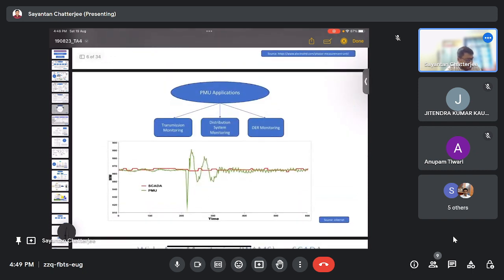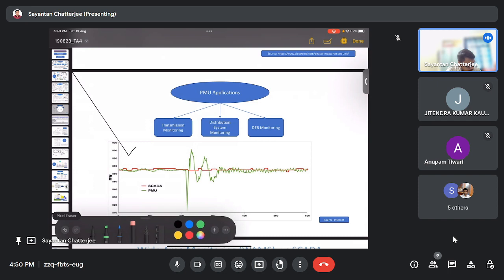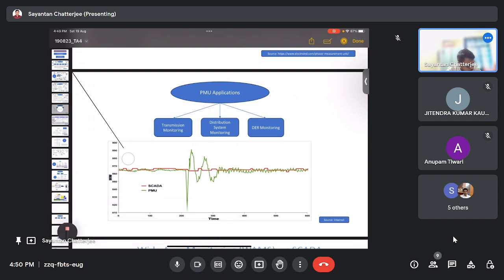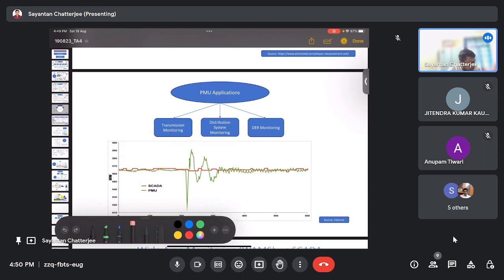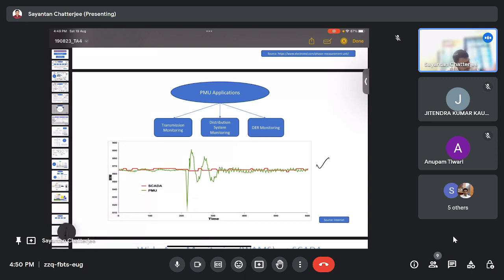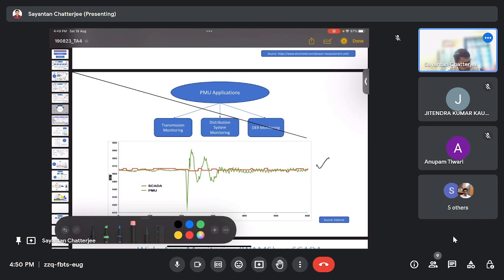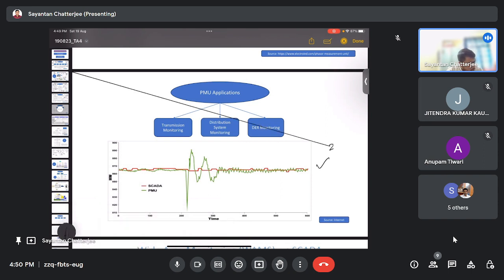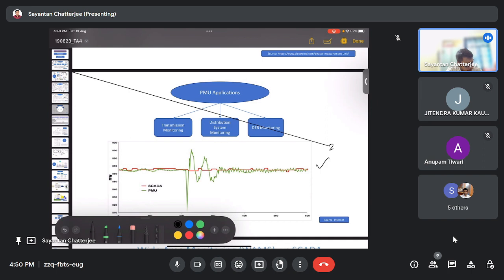So this was the section I was talking about: if we consider the same system monitored by SCADA and PMU in the graph, in this diagram we can observe that these transients or sudden changes can't be captured by the SCADA-based system, because SCADA communicates on a basis of 2 to 5 seconds, and that too in an asynchronous fashion.